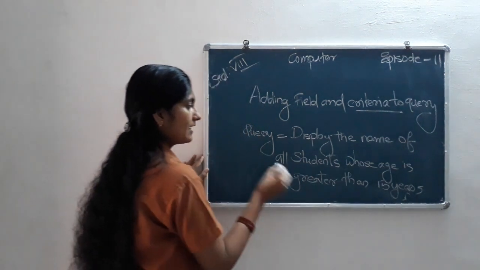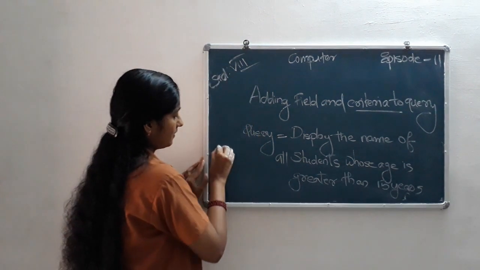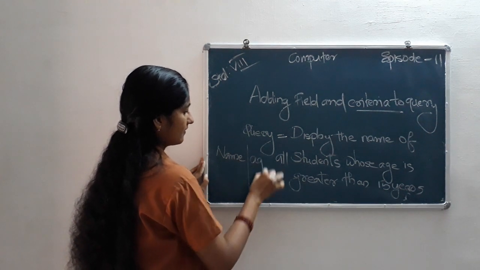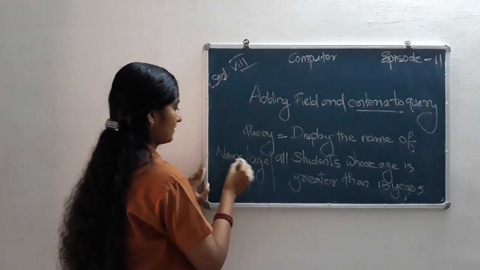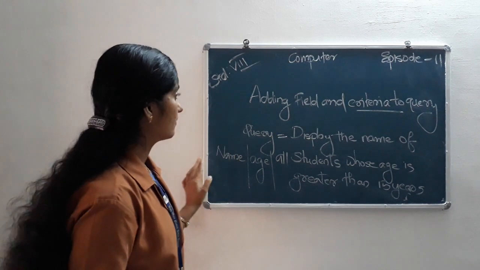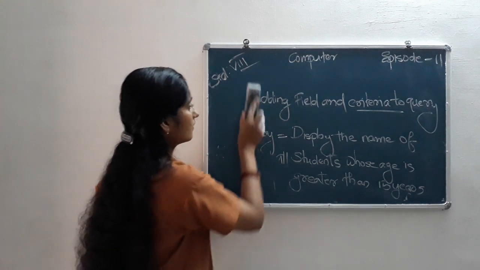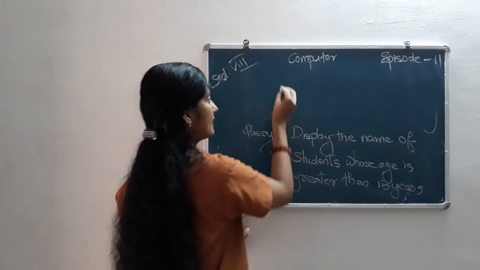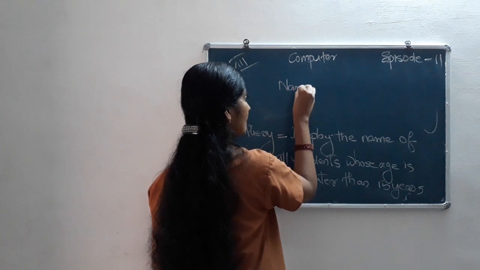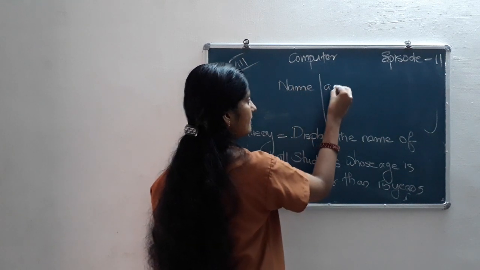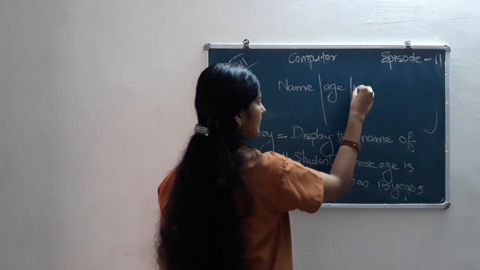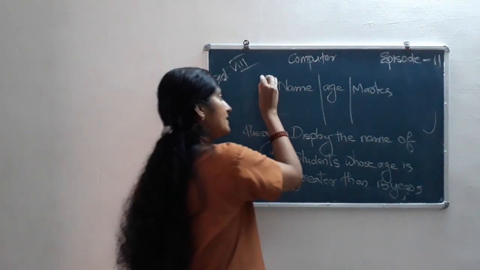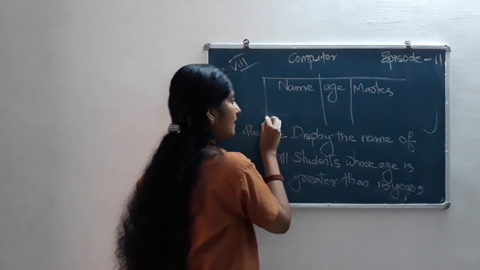So fields like name, age, marks are present in the table.